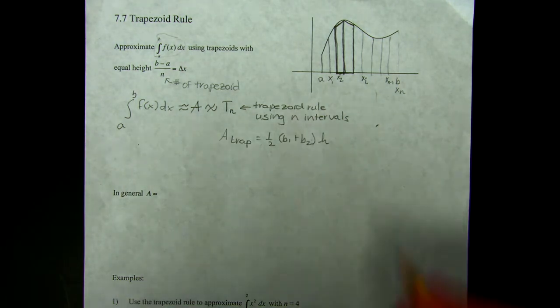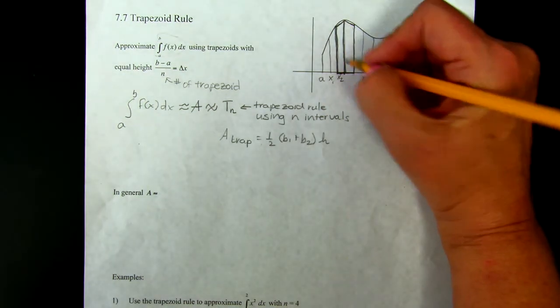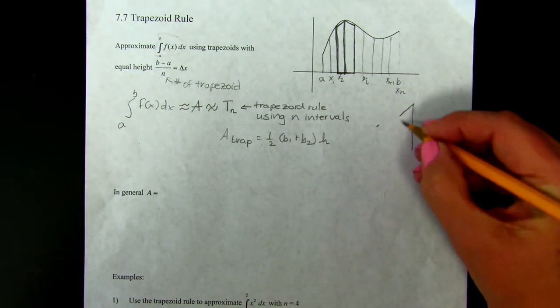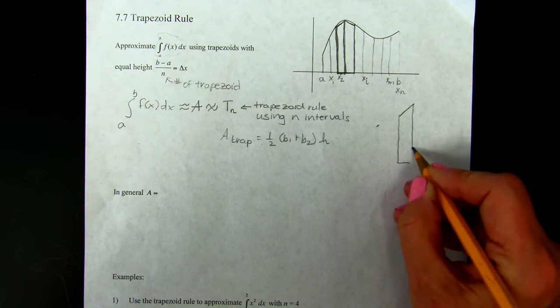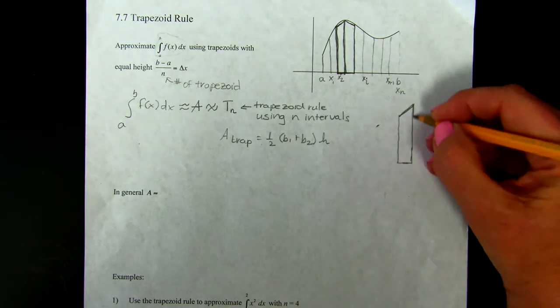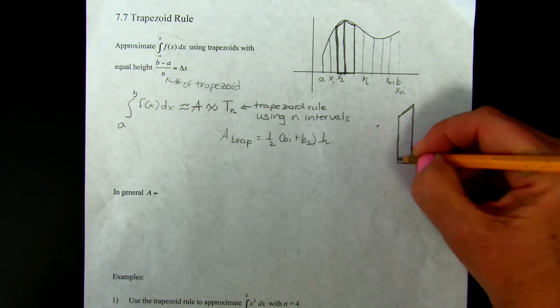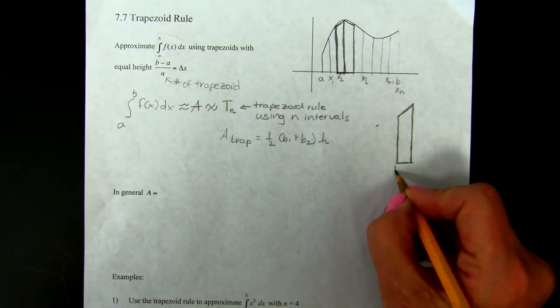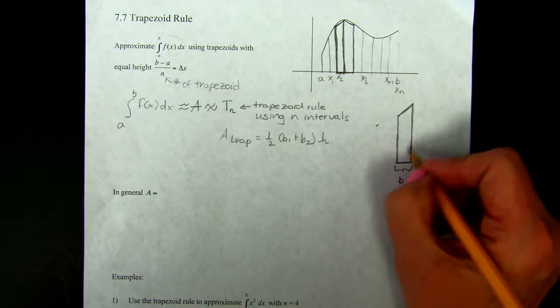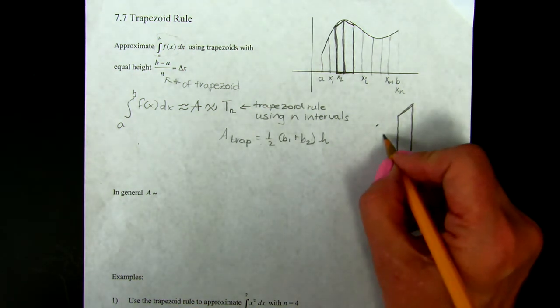So let's pull this trapezoid off of here right now. Here's that trapezoid over here on the side, but this piece right here is the height, and these two pieces, the parallel sides, are the bases.